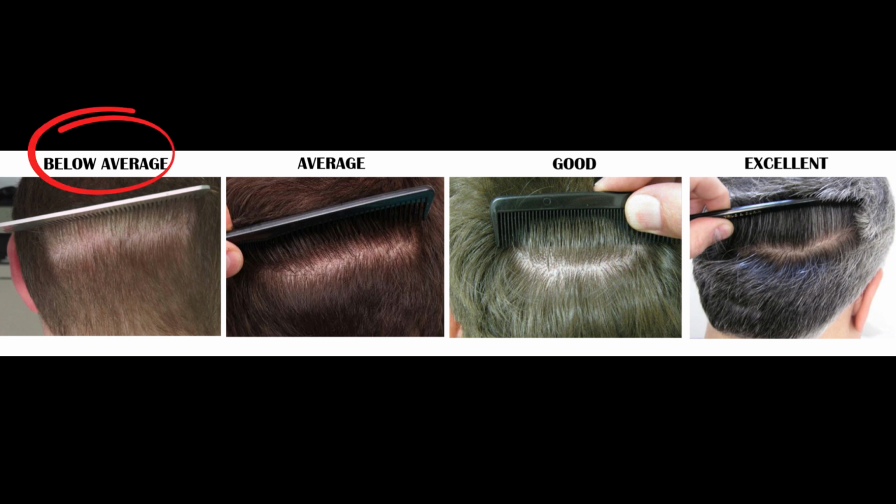If you have average density, then your photograph might resemble this patient here. If you have good donor density, it might resemble this patient. And if you have great donor density, if you're one of those lucky ones, those patients that have close to 10,000 grafts in their total donor area, you might resemble this patient here.